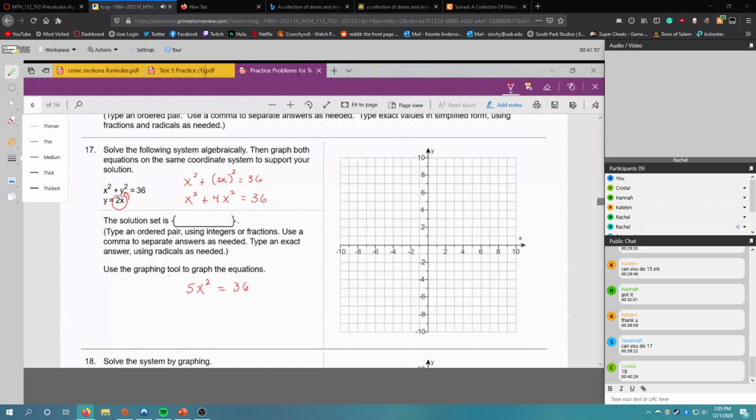If you divide by 5, you get x squared equals 36 over 5. So x is going to be plus or minus the square root of 36 over 5.